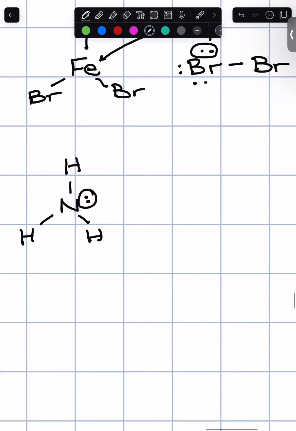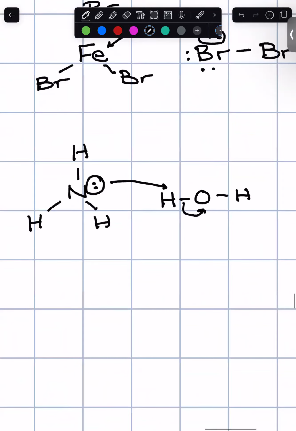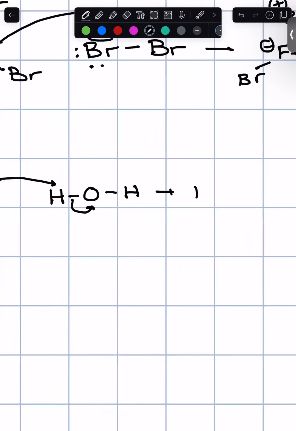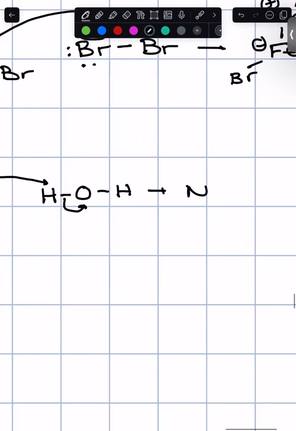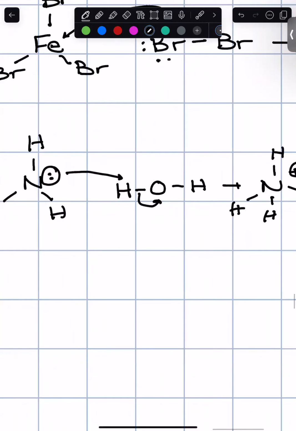So if I'm having it interact with water, it can donate this electron pair, in this case to a hydrogen atom, and that can form that NH4, because it has that electron pair available.